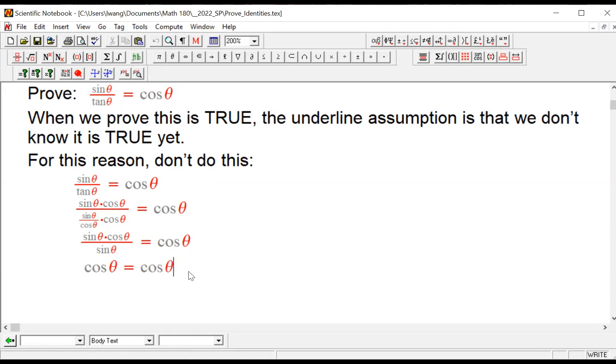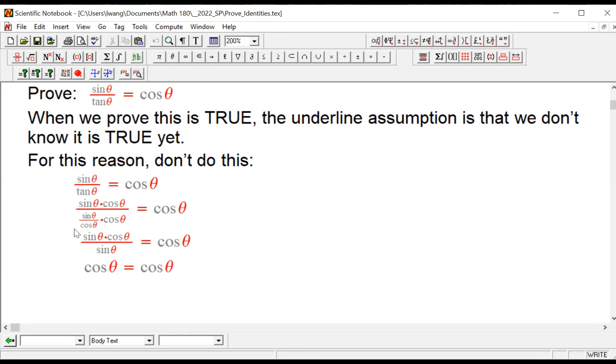I saw this kind of proof so many times. So what is wrong with it? I'm telling you, don't do this. You can do this on scratch paper, maybe, but don't do it when you present your work to a professor or teacher, because this is how we read it. The first line, you're telling the reader, this is true.